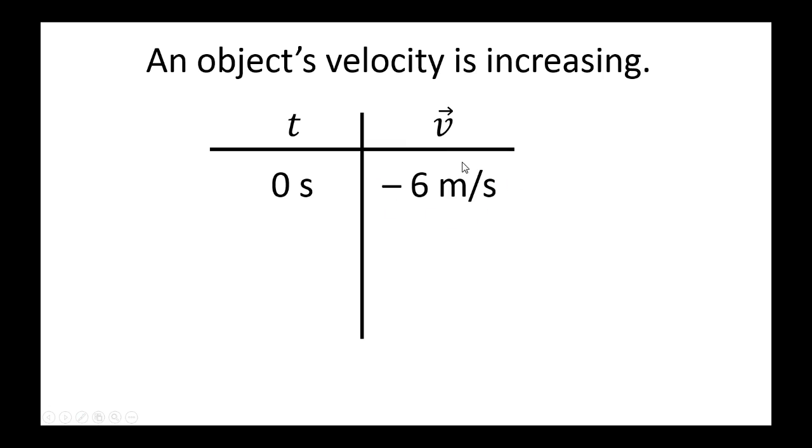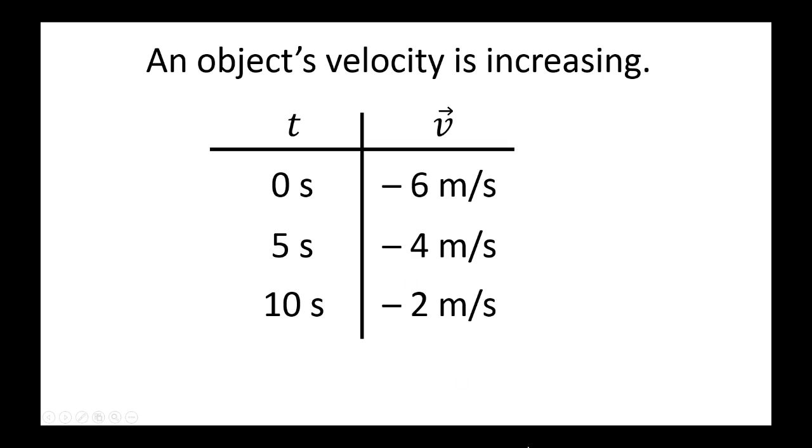How does the velocity increase from -6? Well, after 5 seconds, maybe it has increased by 2 to -4. Even though she's gone from 6 to 4, it's an increase because she's less negative. So the velocity could increase again after 5 more seconds. Her velocity, let's say, is -2. The velocity is increasing.